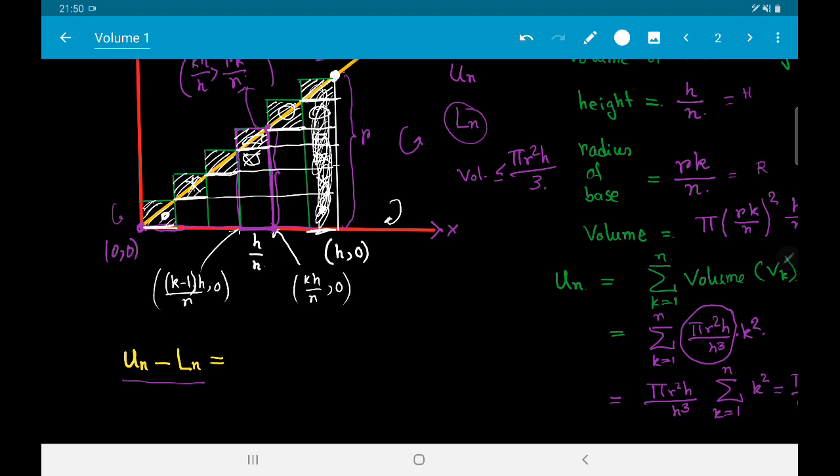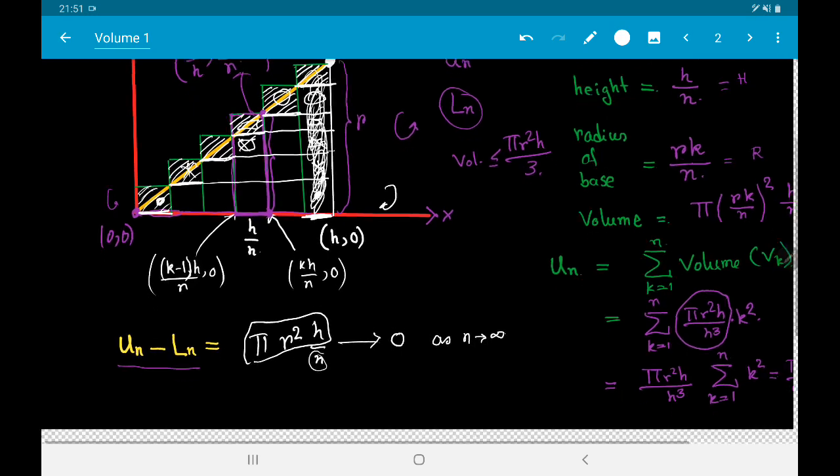We know the radius of the base, so r square times h by n, and we always have pi here. We see that pi, r square, h, all these things are constant, and n varies, and the only part that varies with n is the quantity 1 by n, and it is easy to see that this goes to 0 as n tends to infinity.